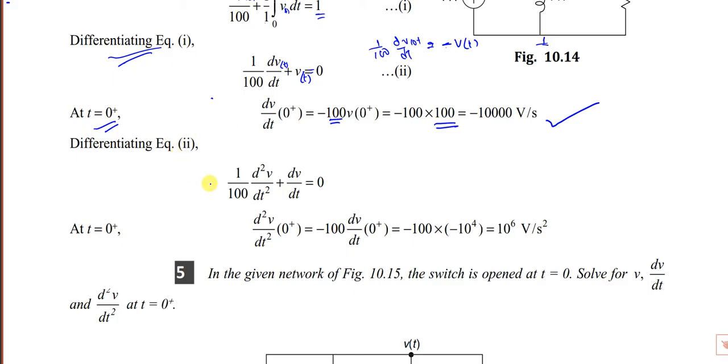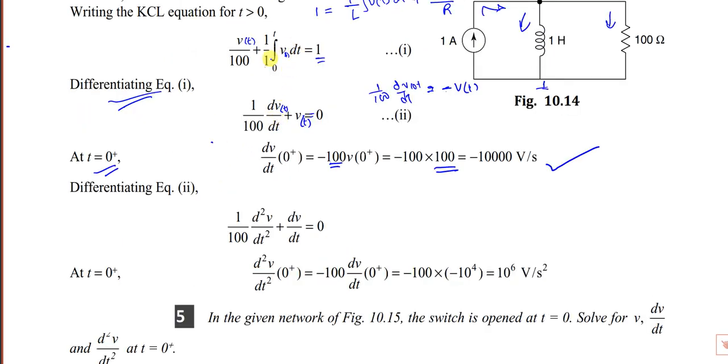Next we have to find d square v by dt square, so you have to differentiate this equation once again. We get 1 by 100 d square v by dt square, plus dv by dt equal to 0.